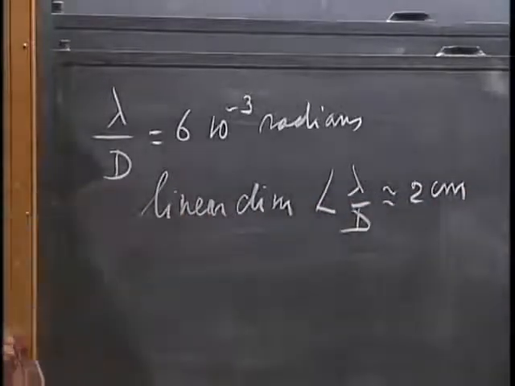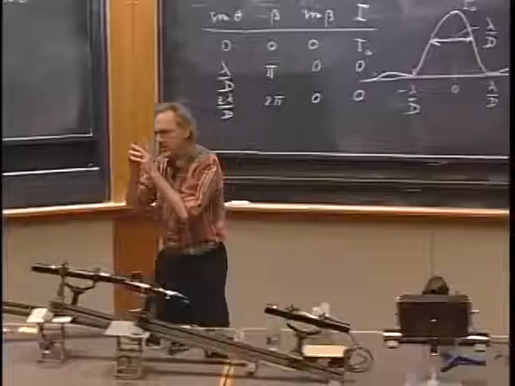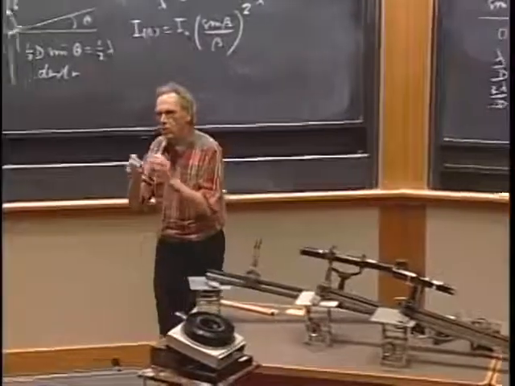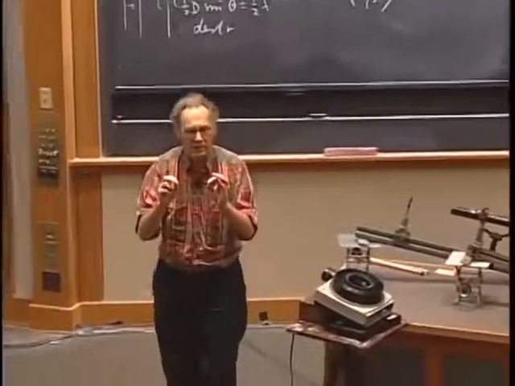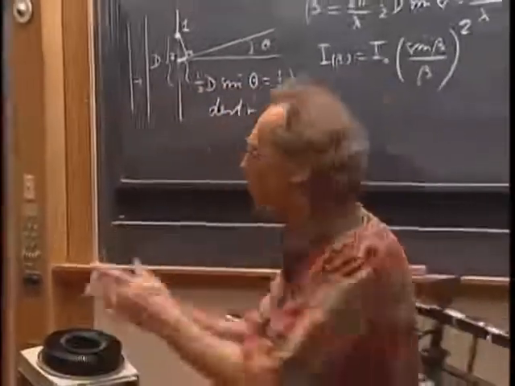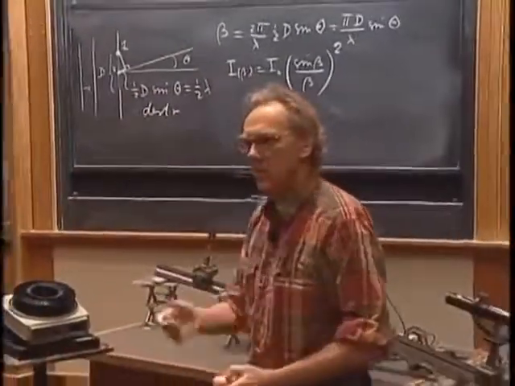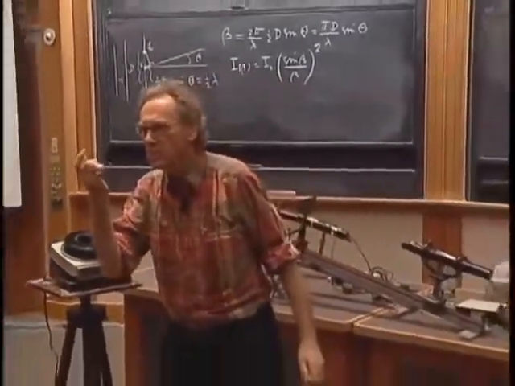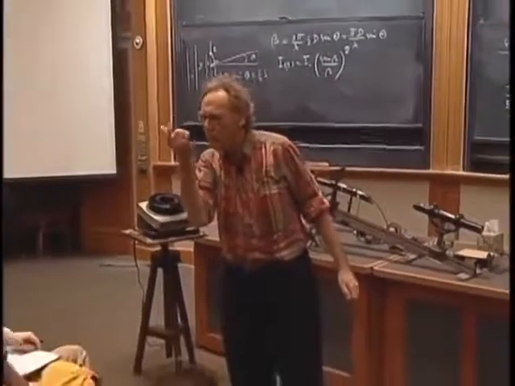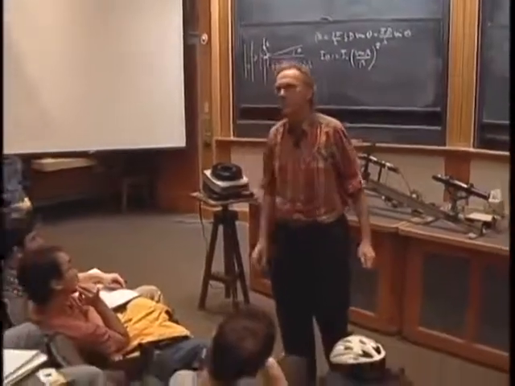Now think about the absurdity. We have a slit which has an opening of 1/10 of a millimeter. And because of Mr. Huygens, it will show up there with a width of 2 centimeters, 200 times broader than the actual opening.